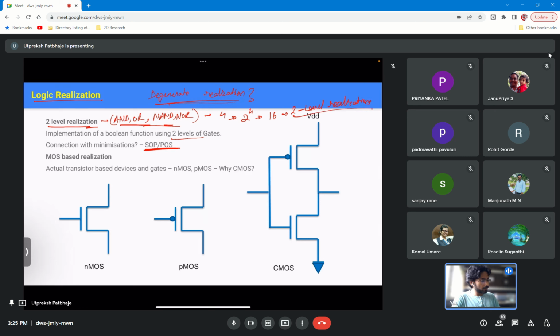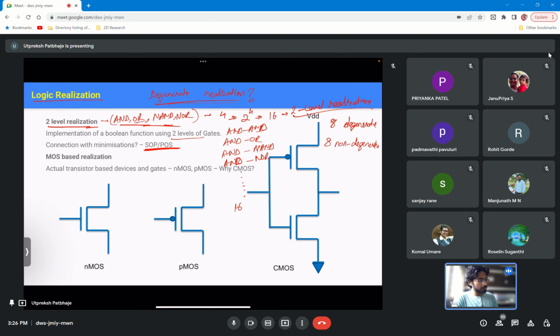So these will include AND, OR, NAND and NOR. Similarly, if you just take the first one and then club it with the other remaining four, you'll be getting some 16 combinations. Out of these 16, 8 are degenerate and 8 are non-degenerate.